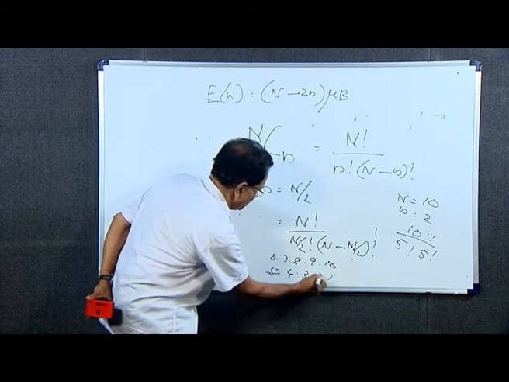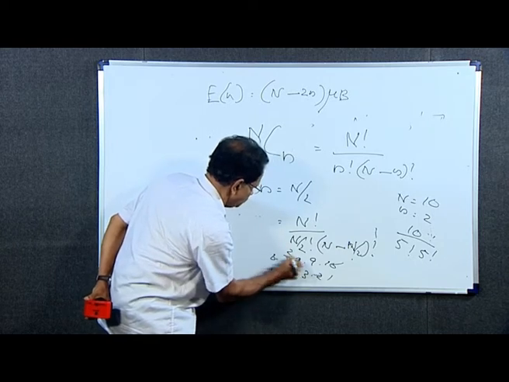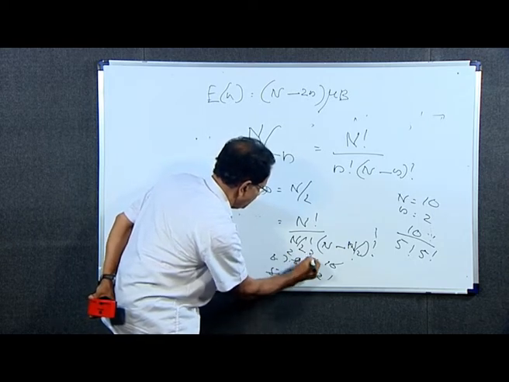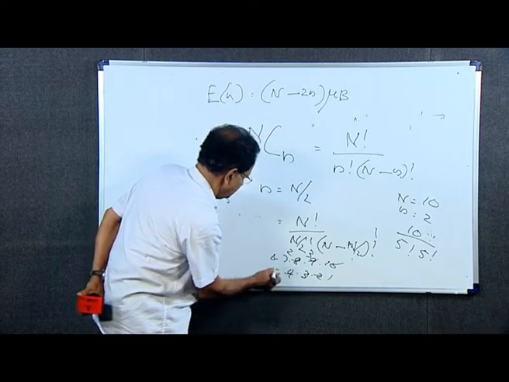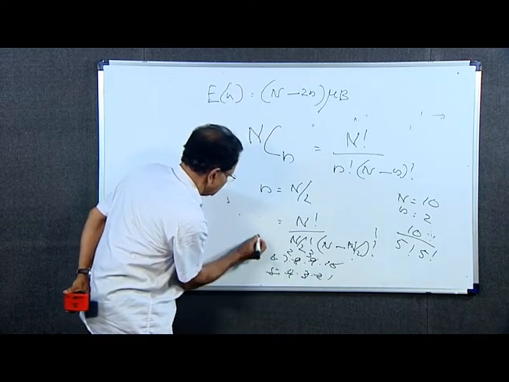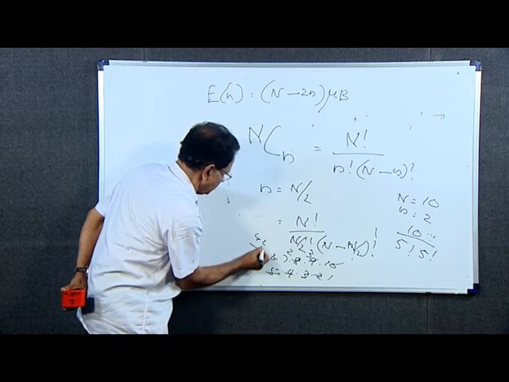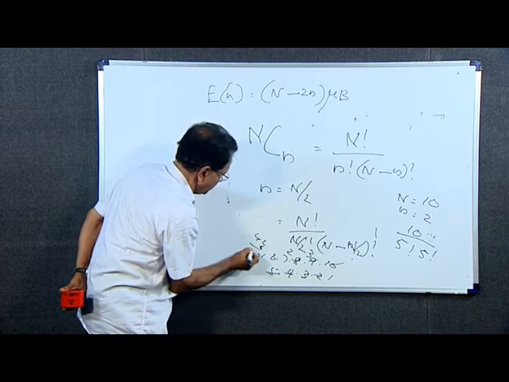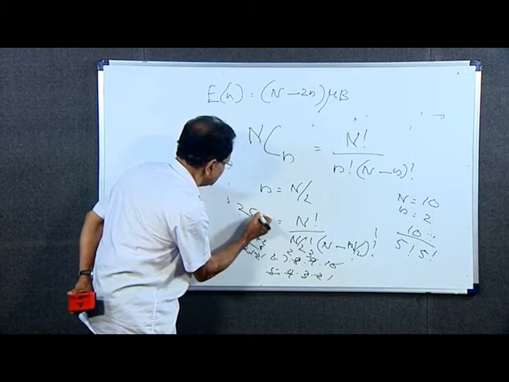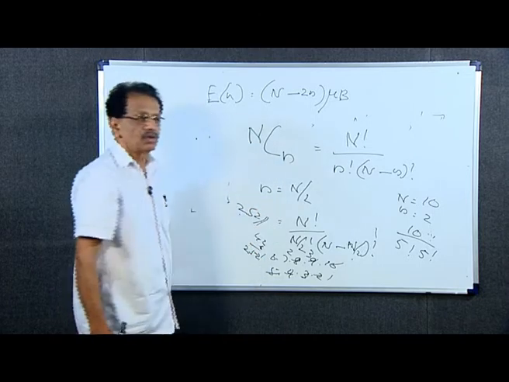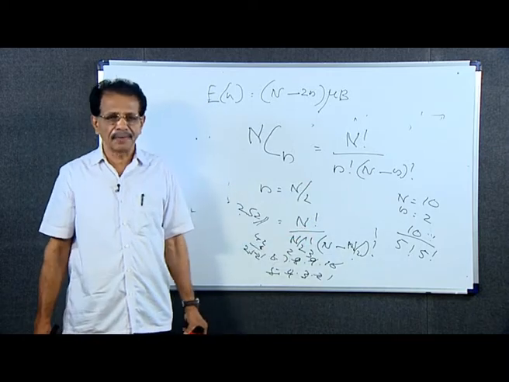So 42 into 6, you are getting 252. There are 252 possible states.